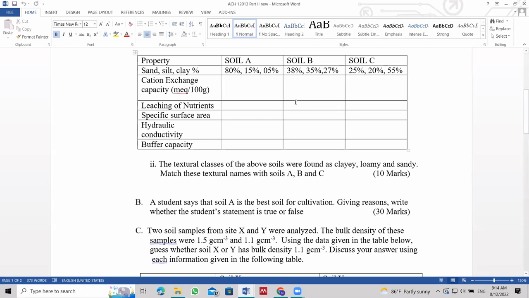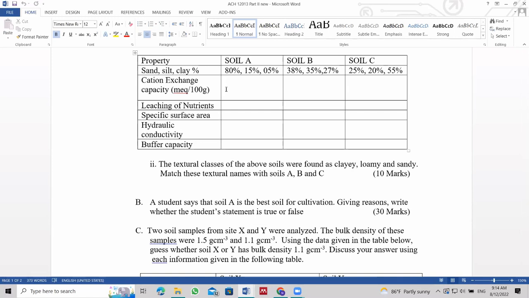So here you are telling leaching of nutrients is high. Okay, you should not finish the answer with that. You have to compare with other soils also. So maybe first you have to take cation exchange capacity.